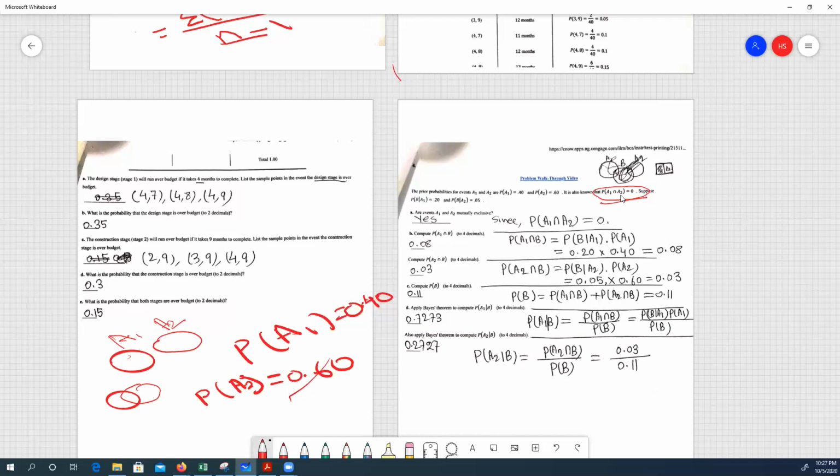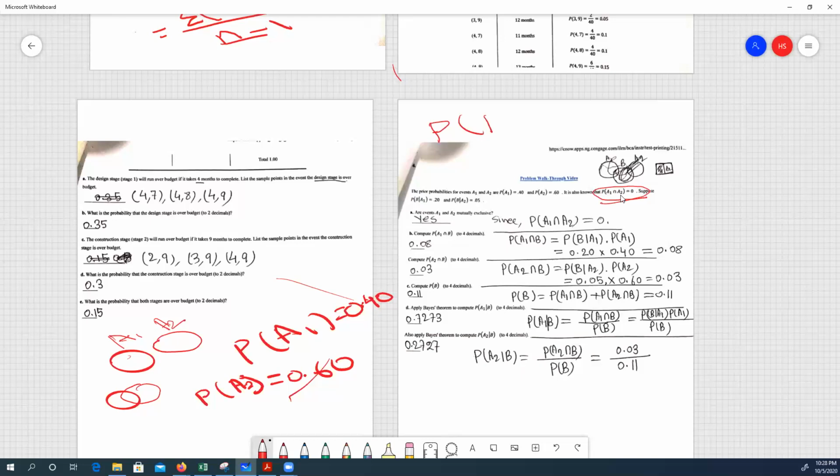Okay, the next question is compute A1 intersection B. So what is the prior probability? The prior probability is the probability at the beginning when we do not know any other information. The posterior probability is the probability of A1 when we are also given some other information, for example B, another event.